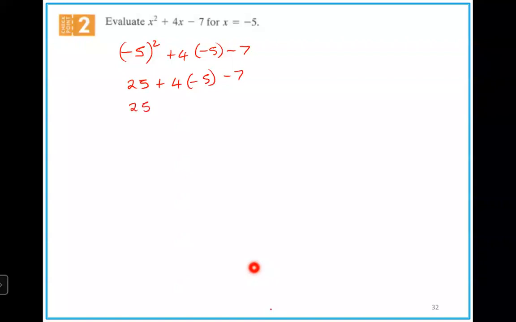And then I have 25 plus open bracket, -20, close bracket, -7. And then I have 5 -7 equals -2. Okay, thank you. All right, so -2 is the answer for that one.